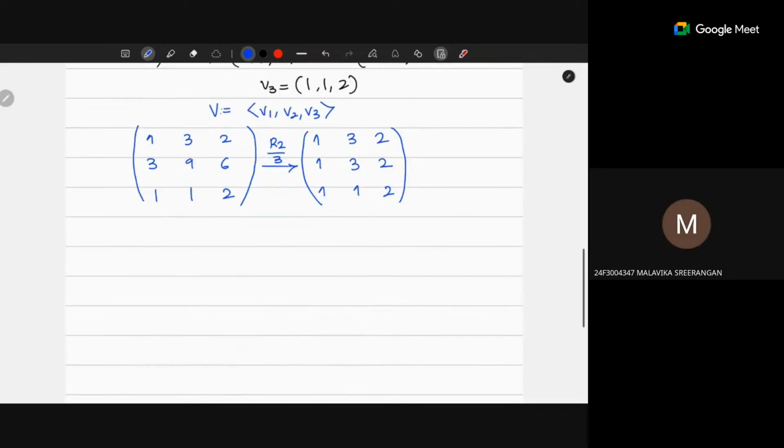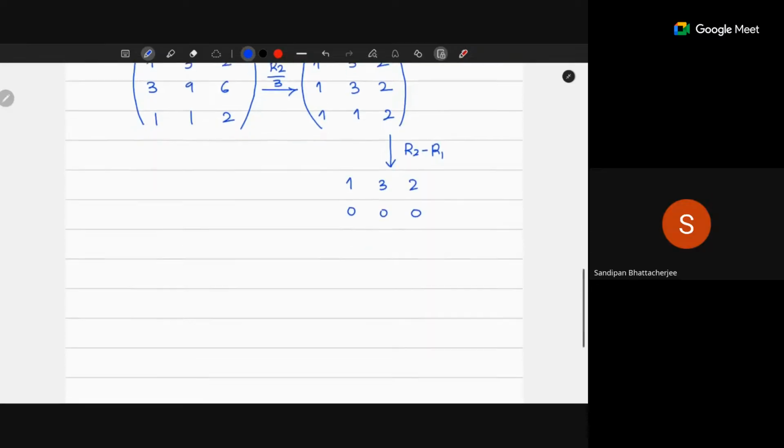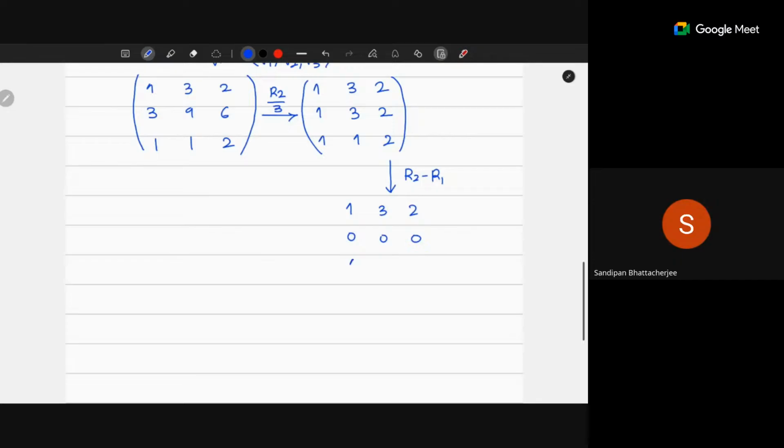Then what do we perform? What is a visible operation that you can see? R2 minus R1 you can do. So what will we get? The first row remains as it is, the second row becomes 0, and the third row remains as it is.